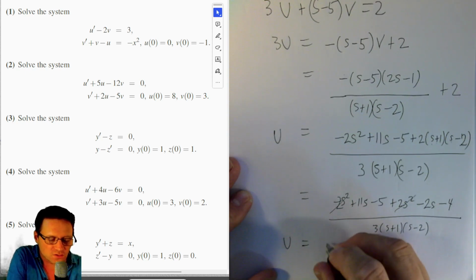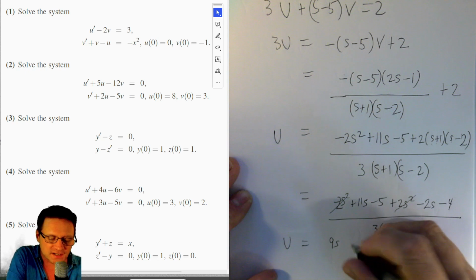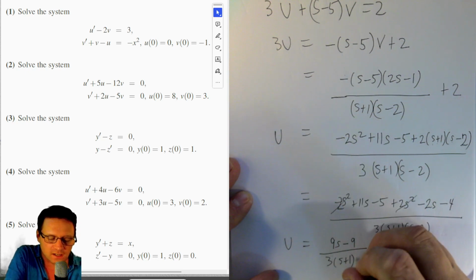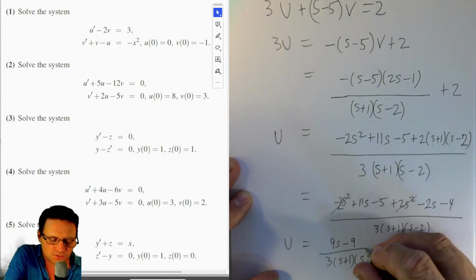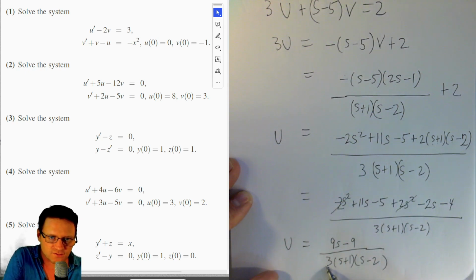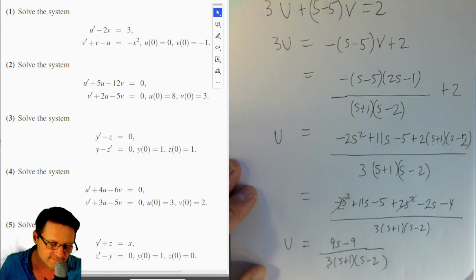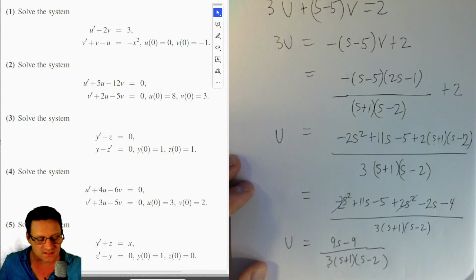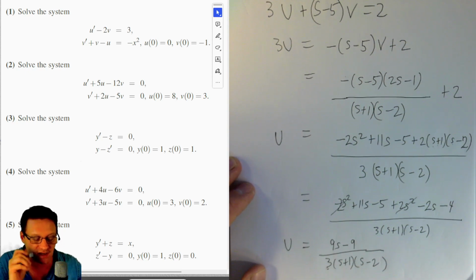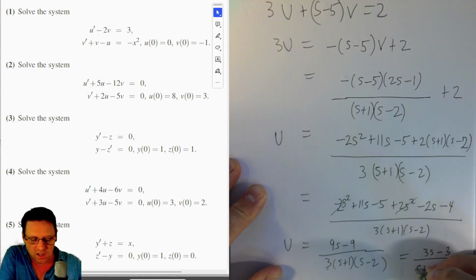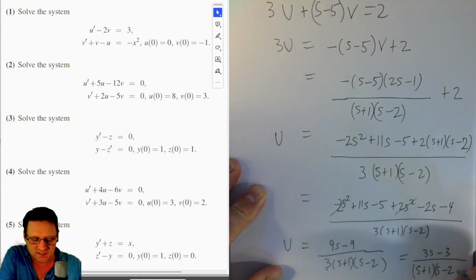So then we have U equals 9S minus 9 over 3 bracket S plus 1, S minus 2. Now we can take that 3 and cancel a 3 in the 9 in both of the 9s, but there's also an S minus 1. But I see that's not going to cancel because I don't have an S minus 1 down the bottom. Okay, so let's just write this as 3S minus 3 over S plus 1, S minus 2.